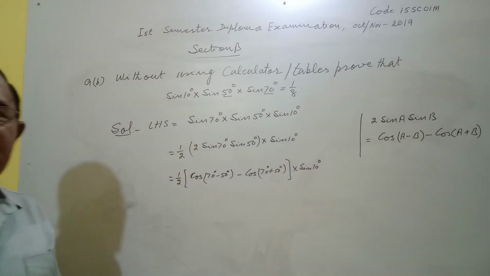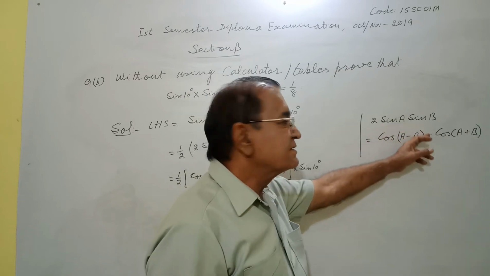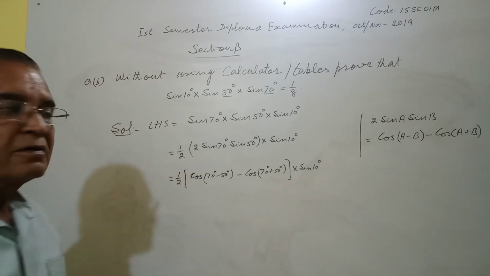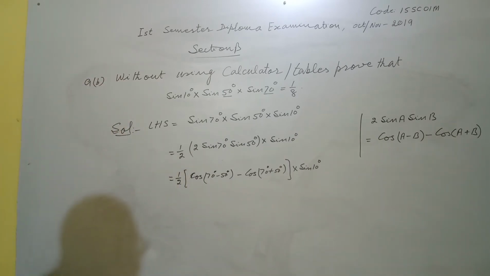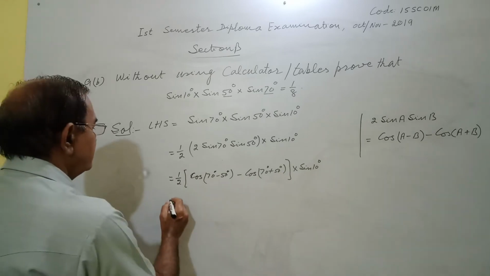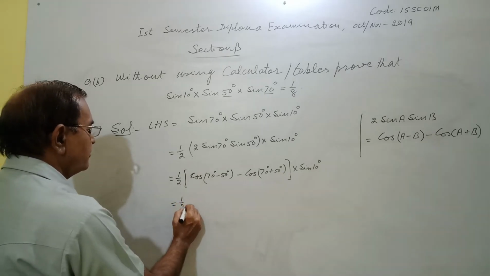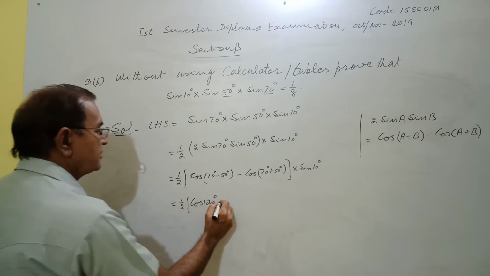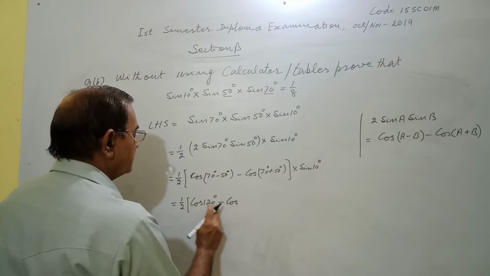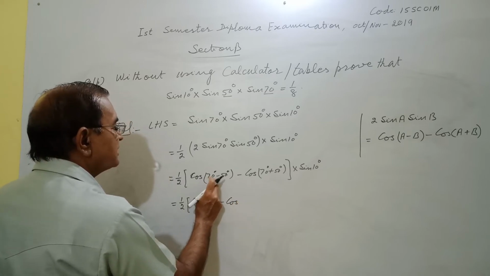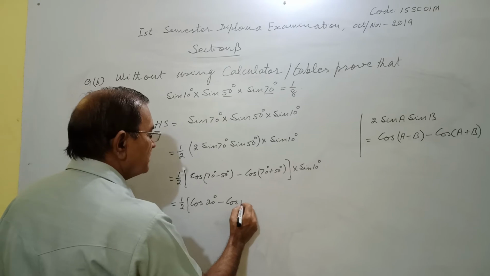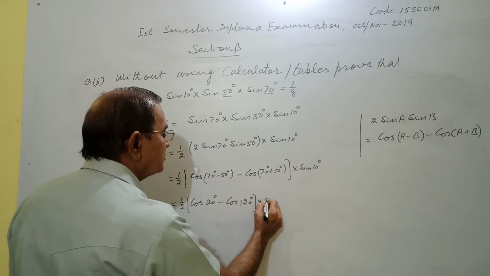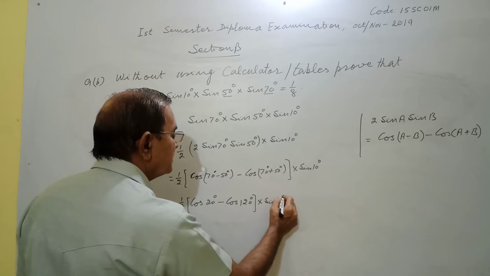So be careful about the identity: cos A minus B minus cos A plus B. Equals 1 by 2 cos 20 degree minus cos 120 degree into sin 10 degree.